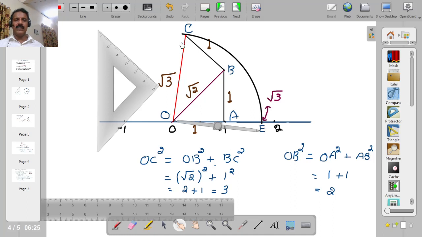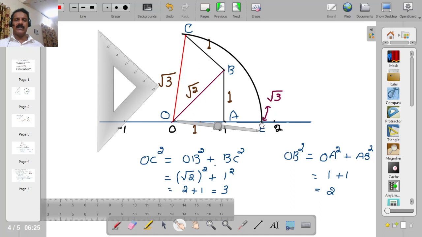Point E is lying on the number line. Definitely point E will be at a distance of square root of 3 units from the point 0. So we have marked square root of 3 on the number line.